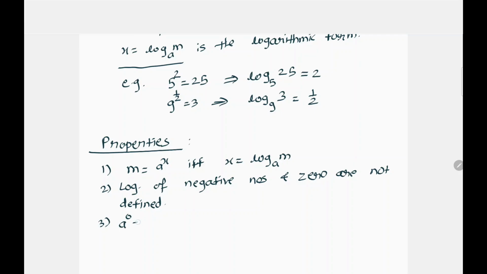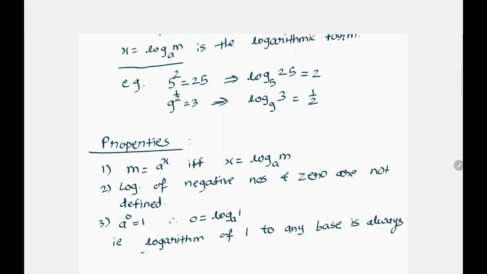Third, a raised to 0 is equal to 1. Therefore, 0 is equal to log 1 to the base a. That is, logarithm of 1 to any base is always 0.